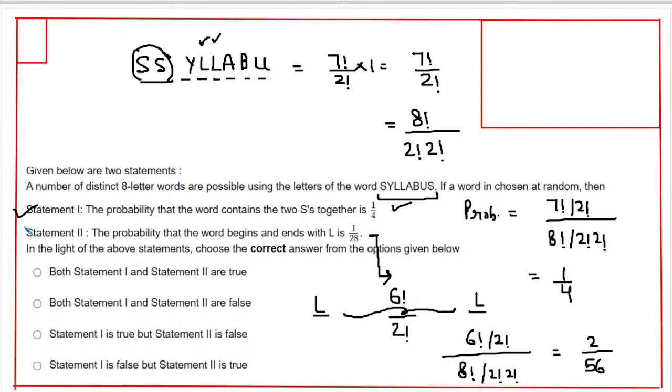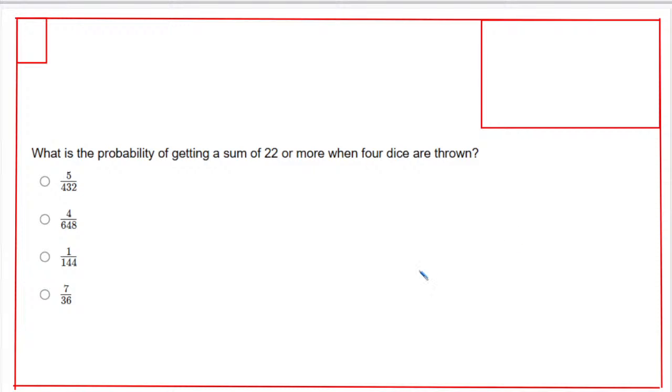So both the statements are correct. Is that clear? Because we have only the letters S, S, Y, A, B, U to be arranged. This can be arranged in this way. Same logic as the previous one. It is just that L is fixed now. Try this out.